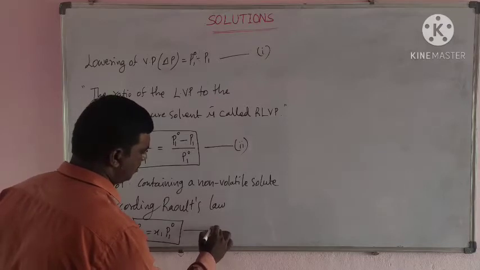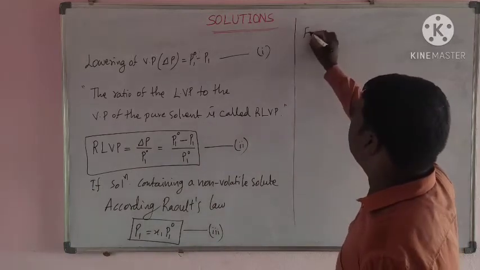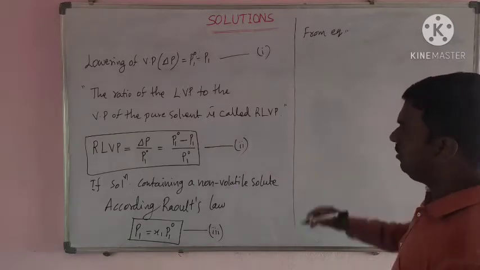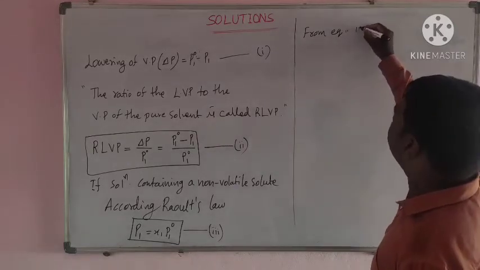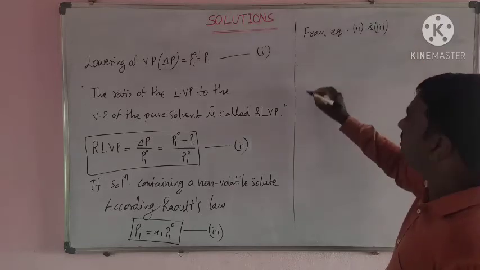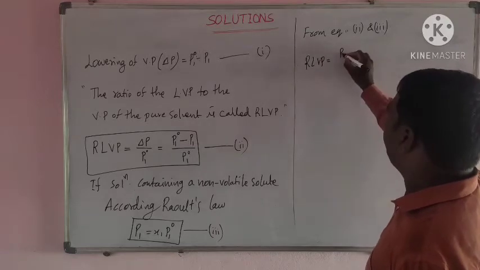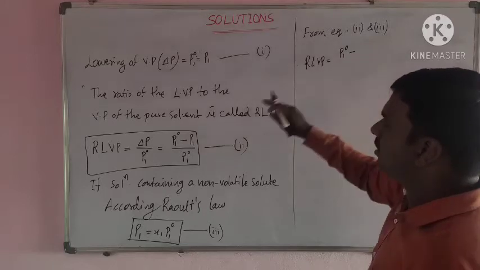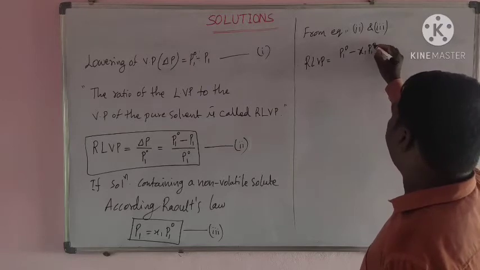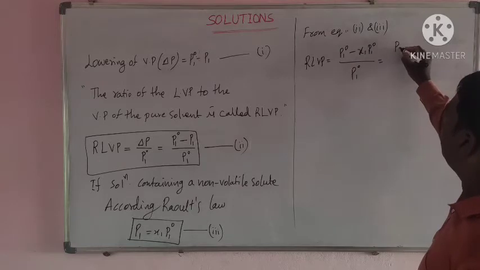Equation 3. From equations 2 and 3, RLVP is equals P1 naught minus P1 is equals x1 P1 naught by P1 naught, that is equals P1 naught.